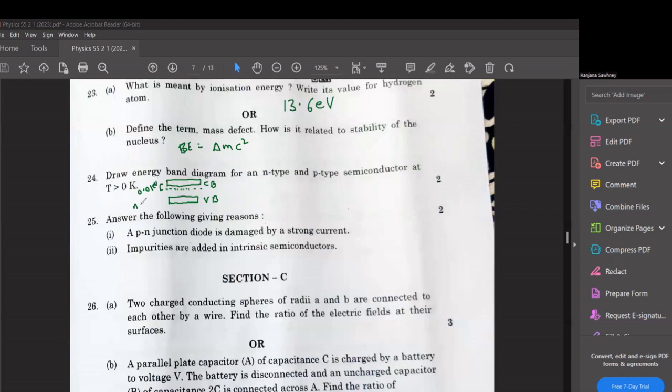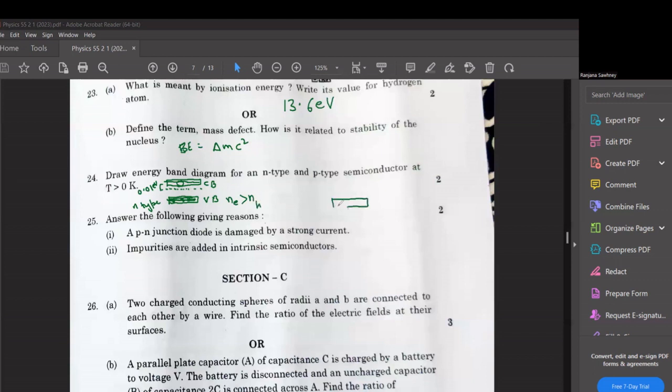We know that the number density of the electrons is more, so here you will draw more electrons and few holes. Number density of electrons is greater than the number density of holes.